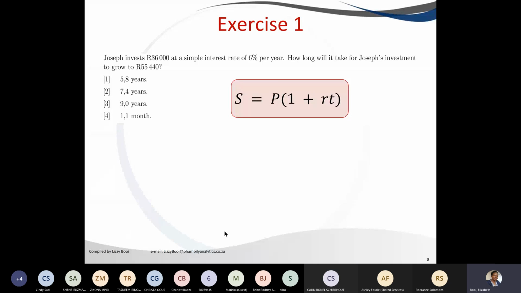And your R is 6%, which is in percentage form, so you need to divide it by 100 to get it to a decimal.